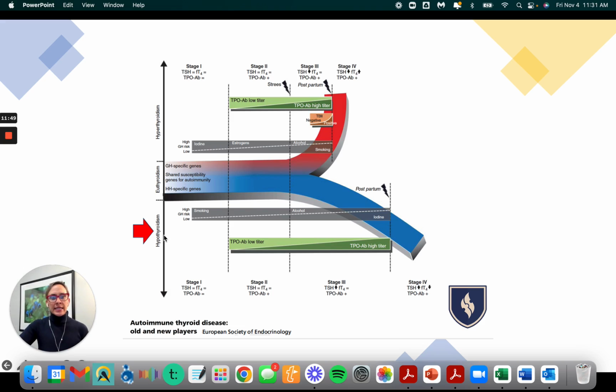Right? So everything seems to be functioning okay. We move over here to stage 2. TSH is normal, free T4 is normal, but the TPO antibody begins to be positive. Now, in this stage, people may or may not have any symptoms.